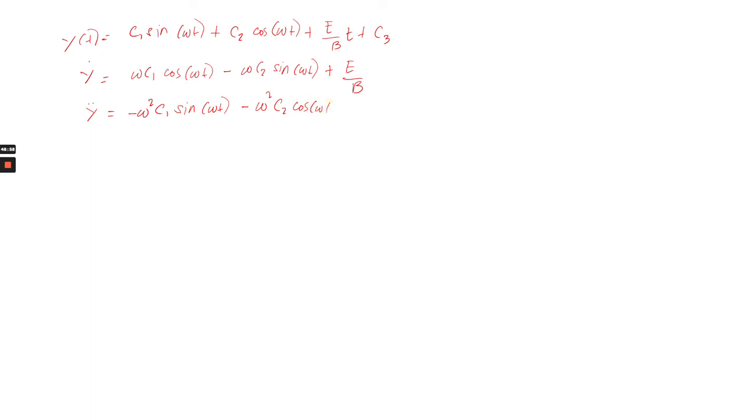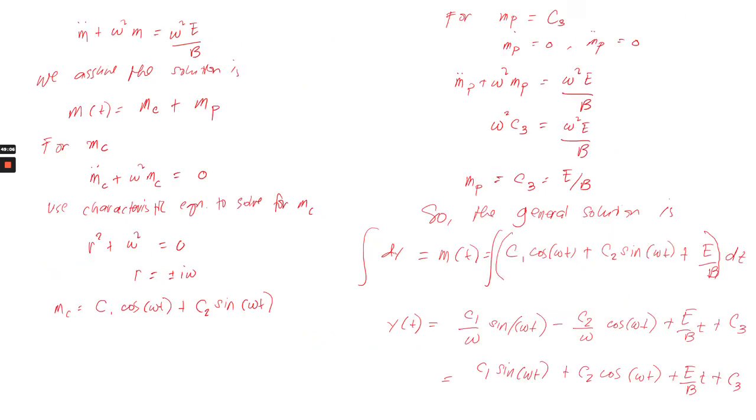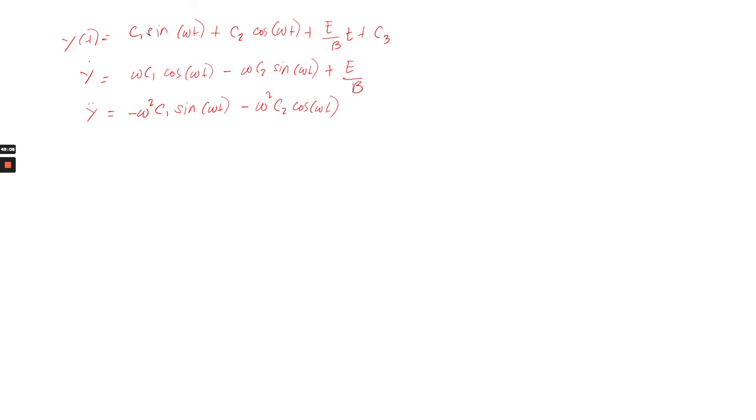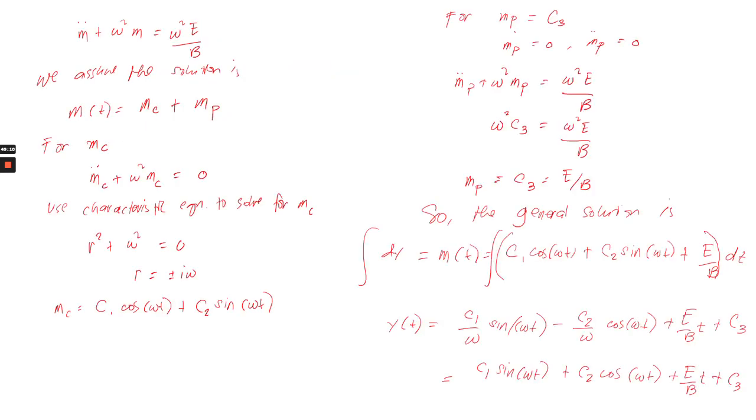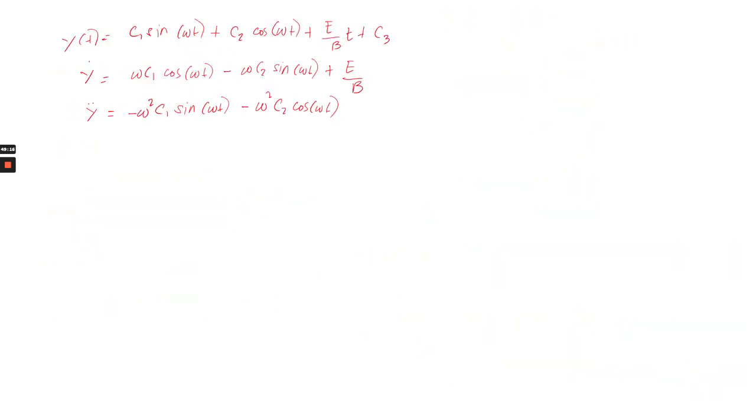So that's it. Now we substitute this, where y double dot is omega z dot. So this is omega z dot. Okay? So cancel the omega on both sides.